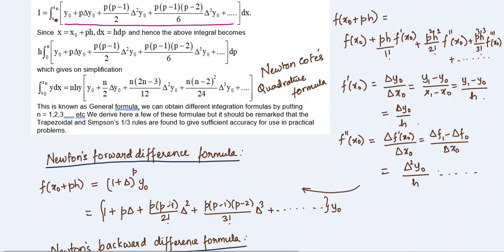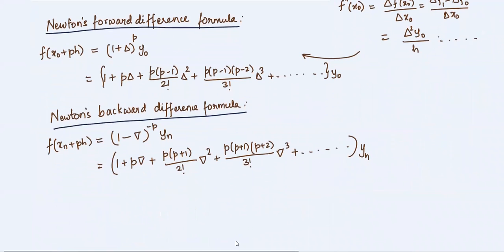Now we can obtain different integration formulas by putting n equal to 1, n equal to 2, n equal to 3. We derive here a few of these formulas, but it should be remarked that the trapezoidal rule and Simpson 1/3 rule are found to give sufficient accuracy for use in practical problems.